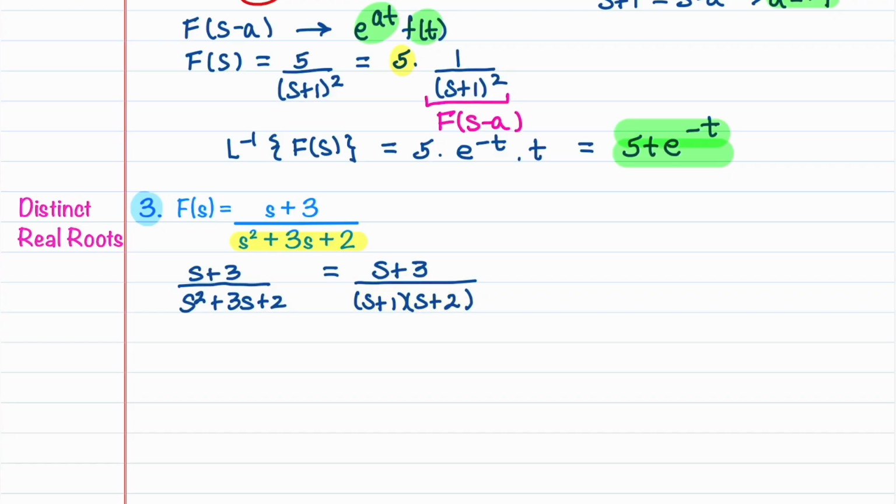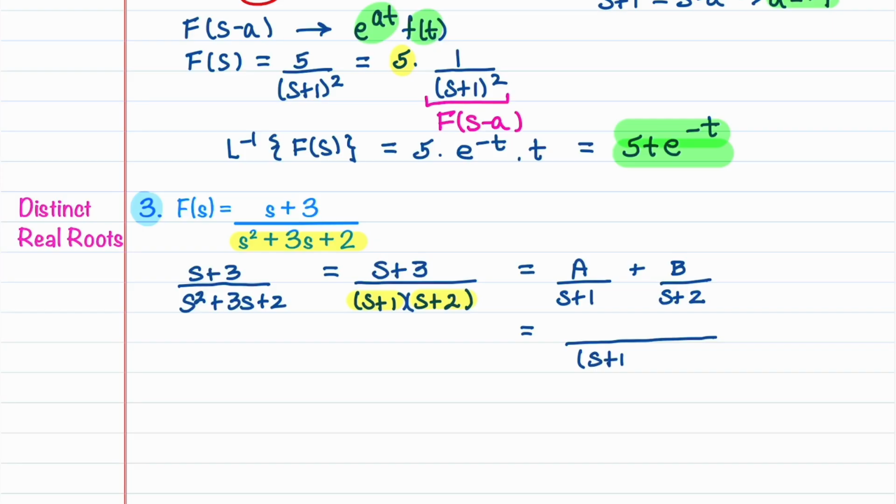Since we can factor this, to find the inverse Laplace transform, we're going to need to separate our denominator into 2 separate linear factors, and we can do that using partial fractions. We're going to write this as a all divided by s plus 1 plus b all divided by s plus 2. Now we're going to recombine it.